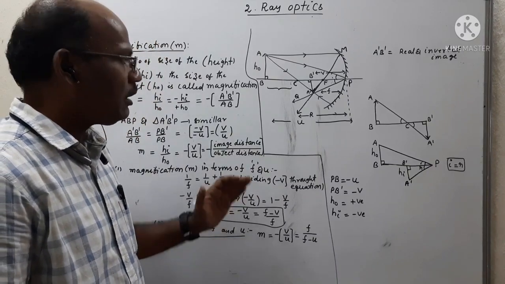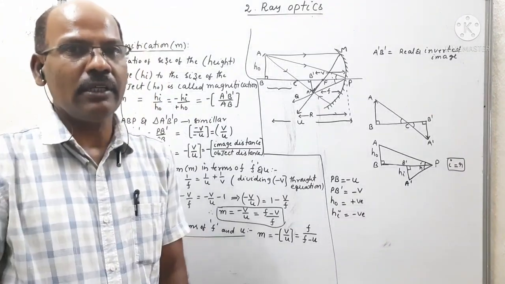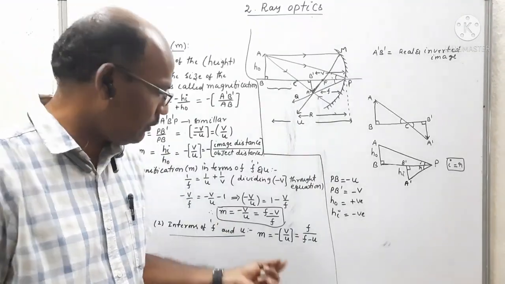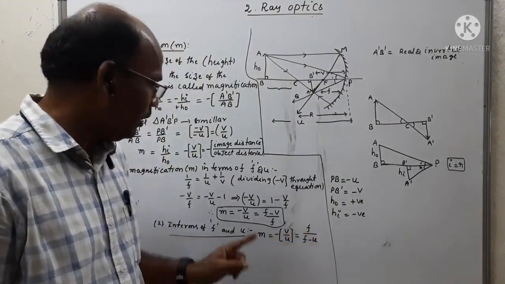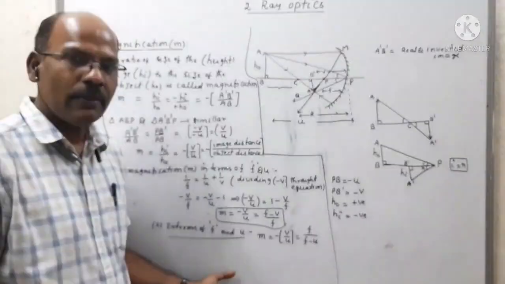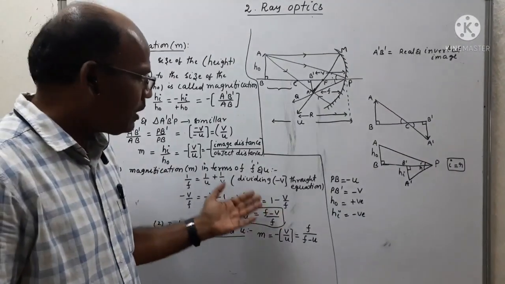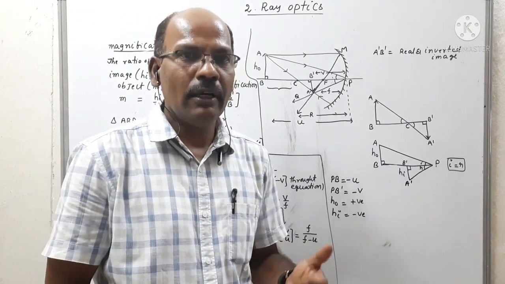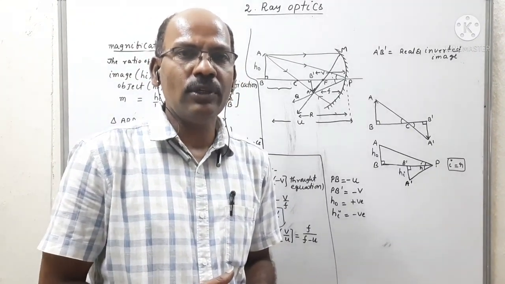So this is the definition of magnification and the value of magnification in terms of u, v and f. Okay. So based on the value of magnification, the nature of the image is also explained.